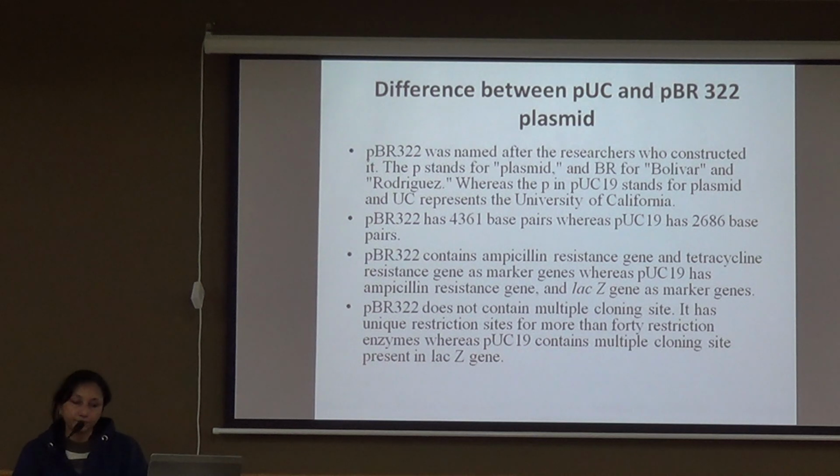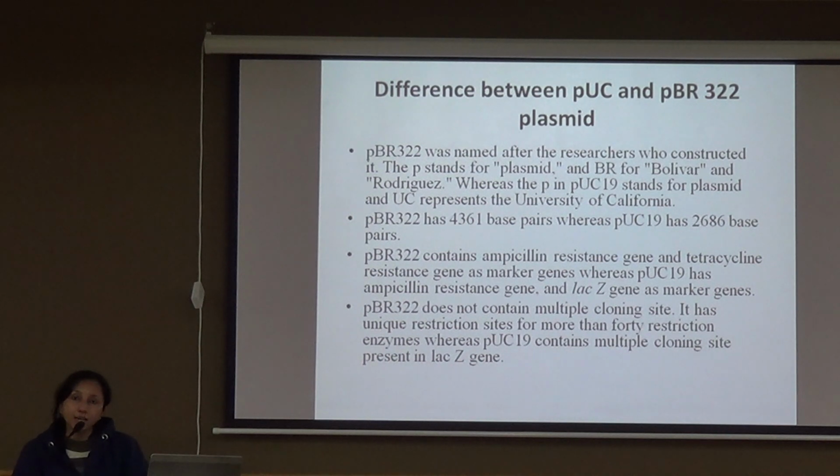Now, in case of pBR322, we do not have MCS. MCS is multiple cloning site, a fragment containing palindromic sequences, or unique recognition sequences, for multiple restriction enzymes.